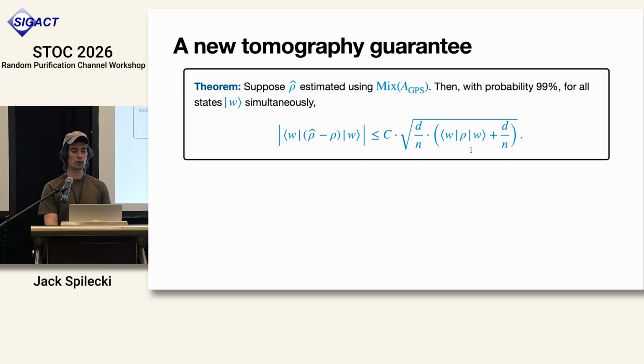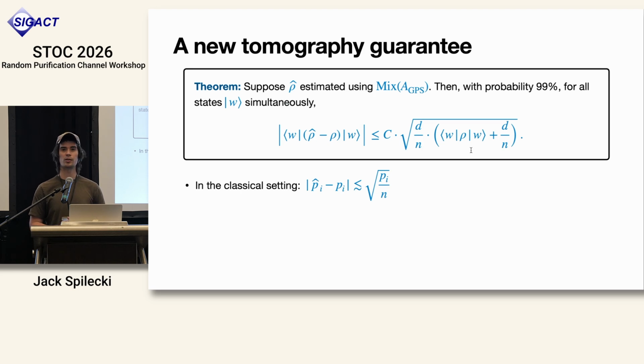Okay, let me tell you some more about this guarantee. We can compare to the classical case. In the classical case, what you're doing when you estimate a probability distribution is forming a histogram from your samples, and you normalize that histogram and that becomes your estimate.